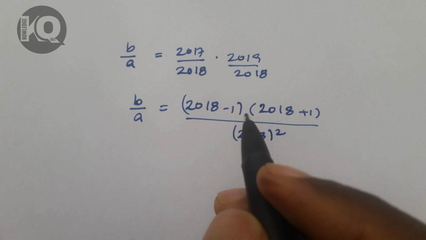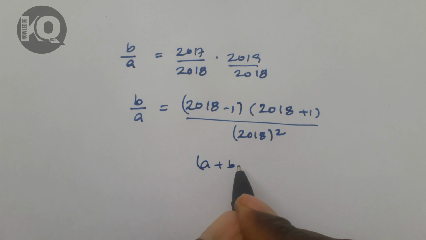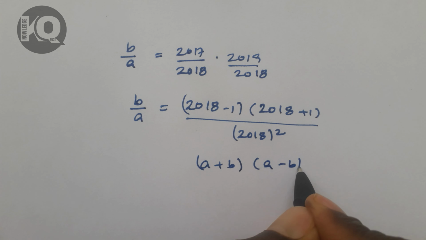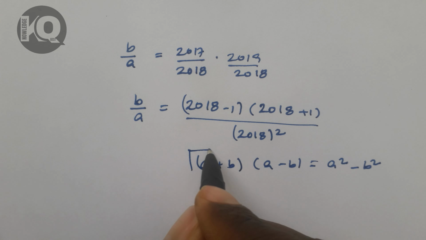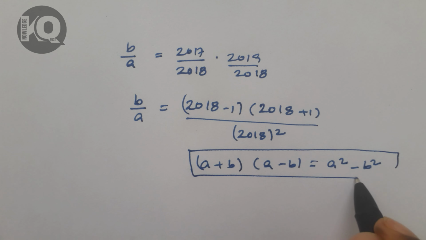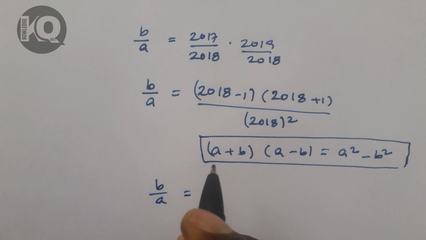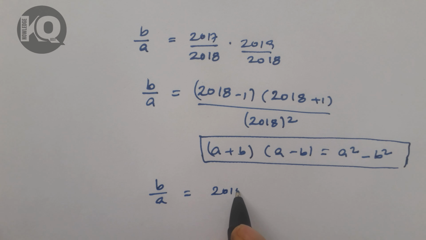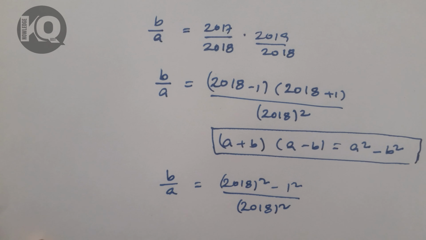Now this term is in the form of a plus b times a minus b, which is equal to a squared minus b squared. By using this expression, we can rewrite the numerator, so b over a is equal to 2018 squared minus 1 squared, divided by 2018 squared.